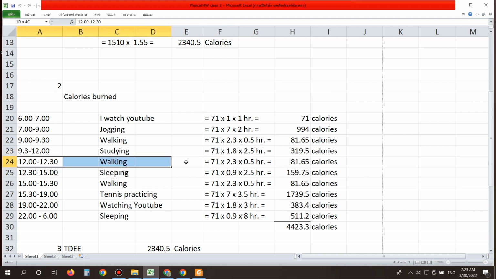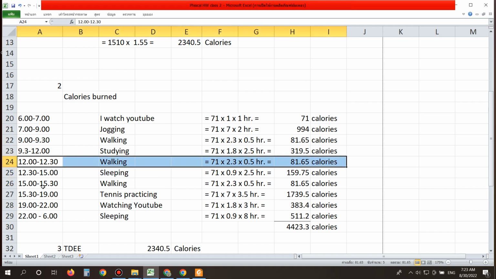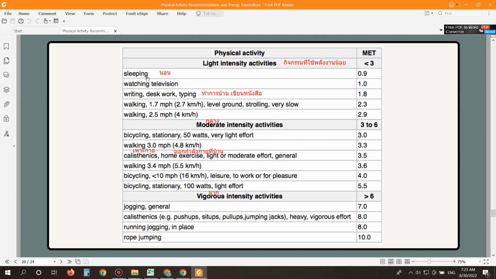Then I walk back to my home. Walking uses the same MET value. Then I am sleeping for 2.5 hours. For sleeping you should use this one, 0.9.